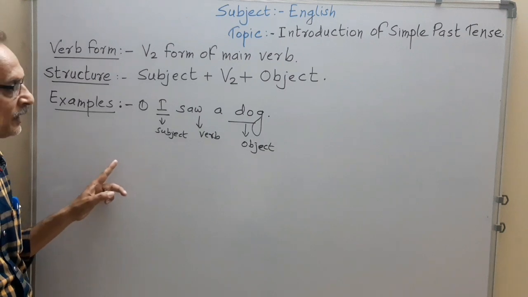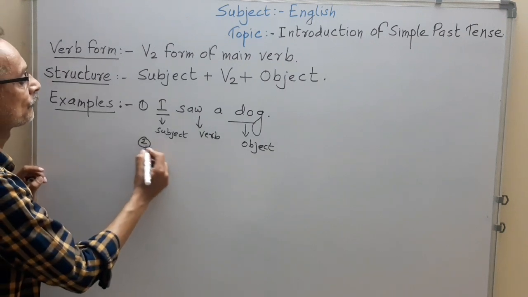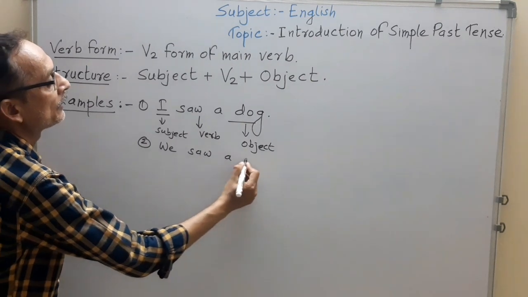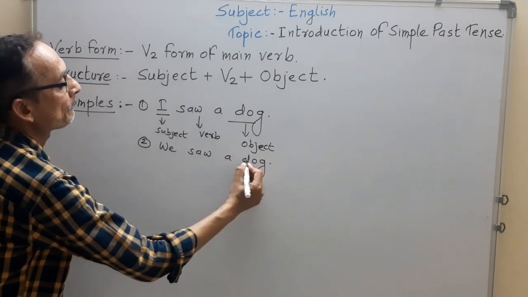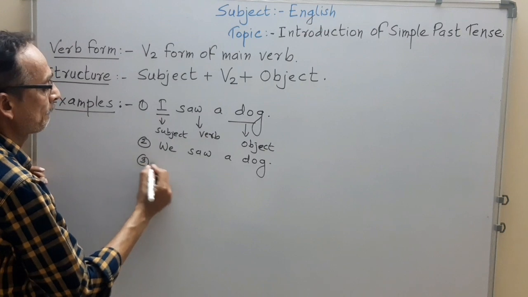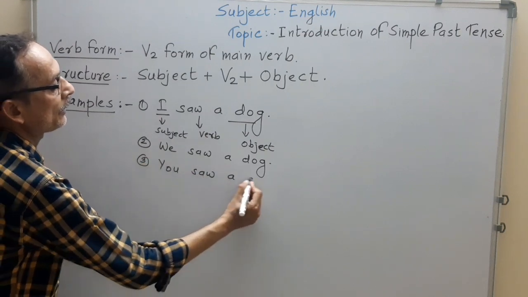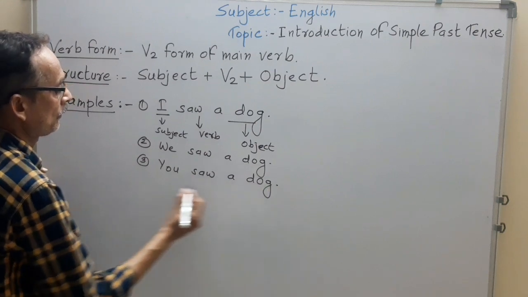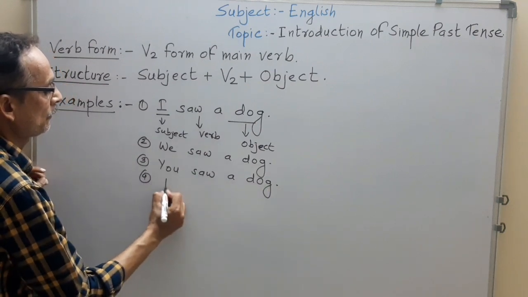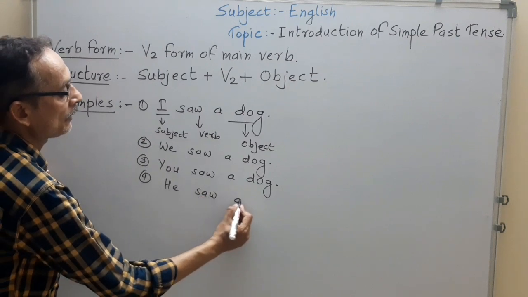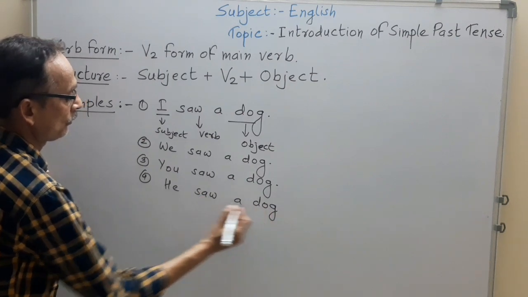Similarly, we can write so many examples. We saw a dog. You saw a dog. He saw a dog.